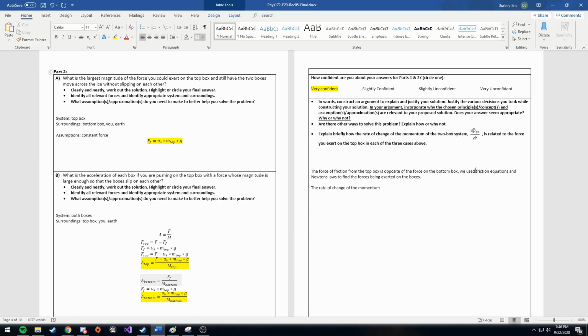The rate of change of momentum, what? I'm brain farting. Isn't it equal to, because F net is equal to the rate of change of momentum.